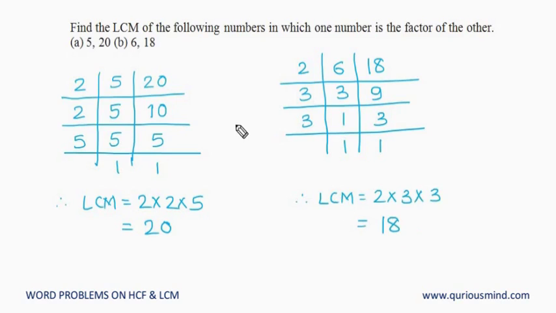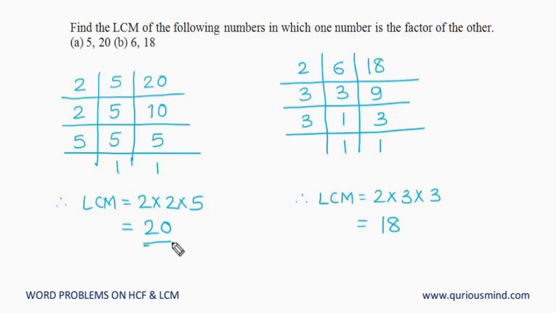Now if we observe here, in these two numbers 20 and 5, 5 was a factor of 20. In these two numbers also 6 was a factor of 18. So whenever out of two numbers, one number is a factor of the second number, we find that LCM is the second number.